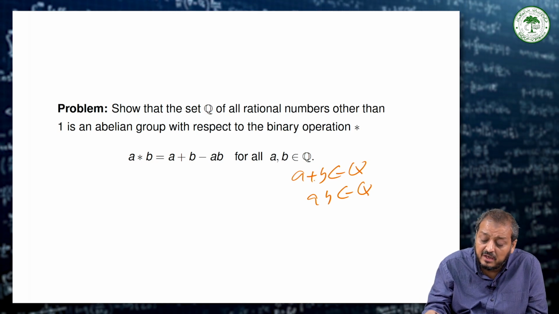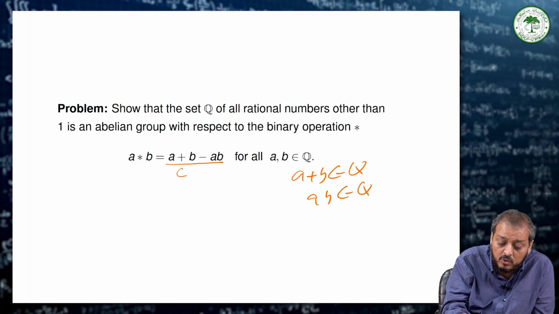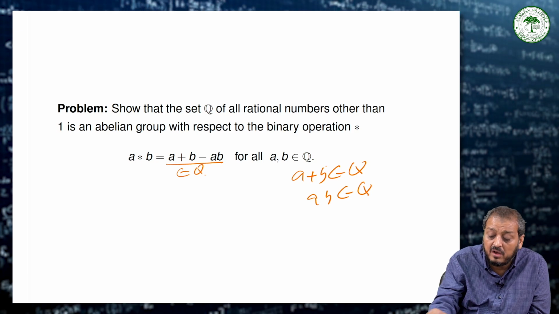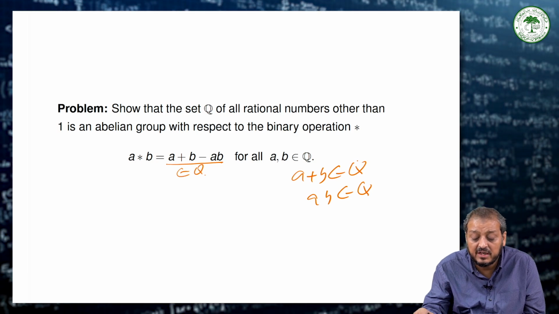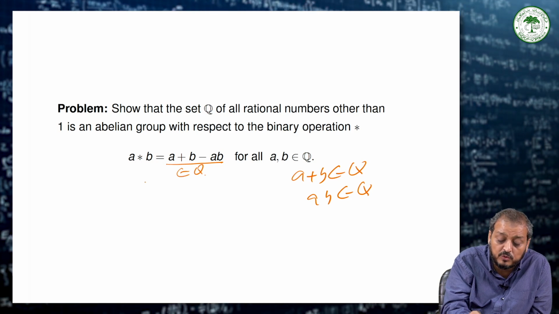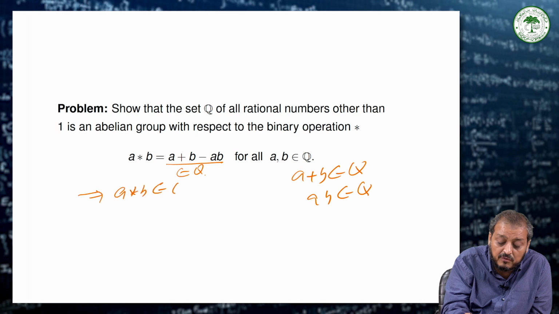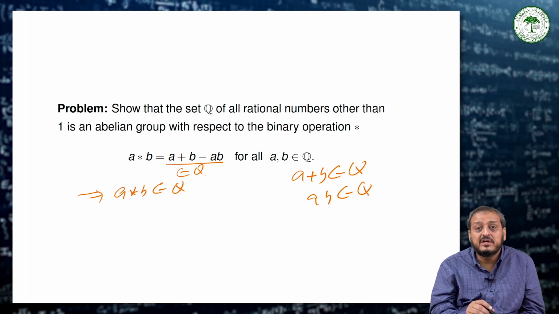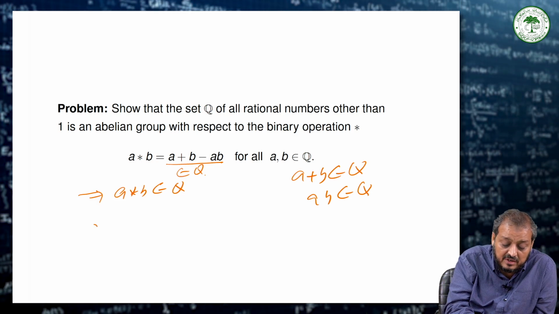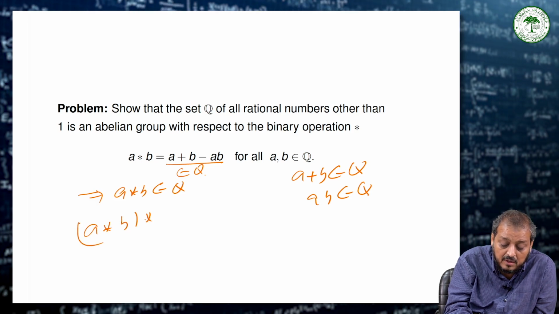So we can say that this whole thing belongs to Q. Also, because A and B are rational numbers other than 1, this cannot be equal to 1. So this implies that A composition B is an element of Q.